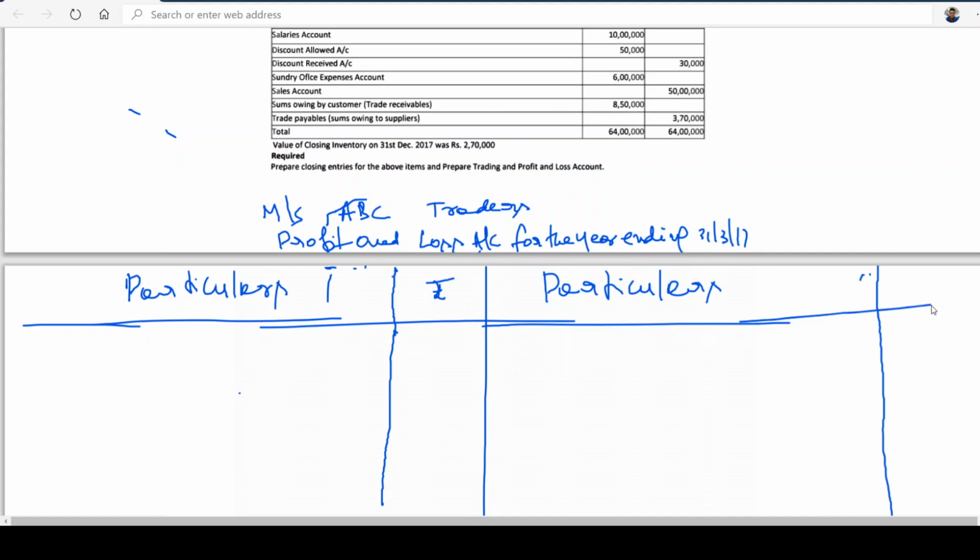If you are having any adjustment, we can have an inner column. Now let us see the problem. We start working this out. First, we begin with which one? Gross profit. Am I right? We start with gross profit.